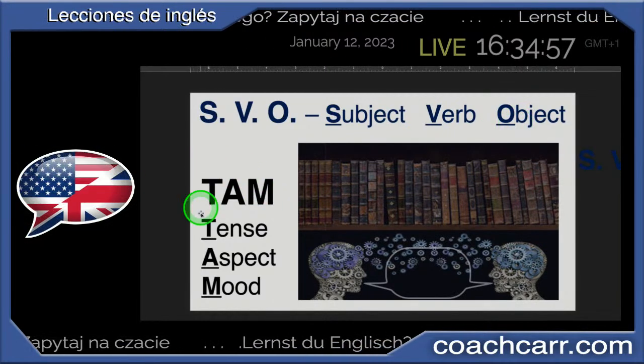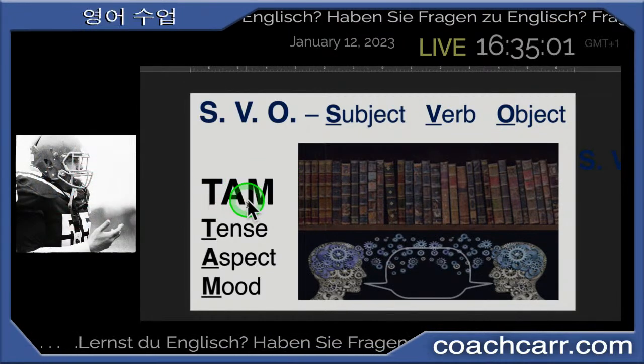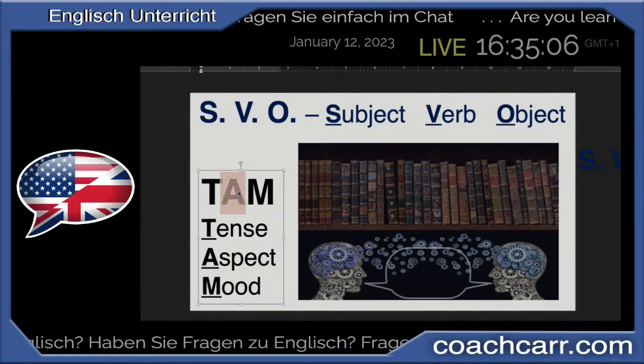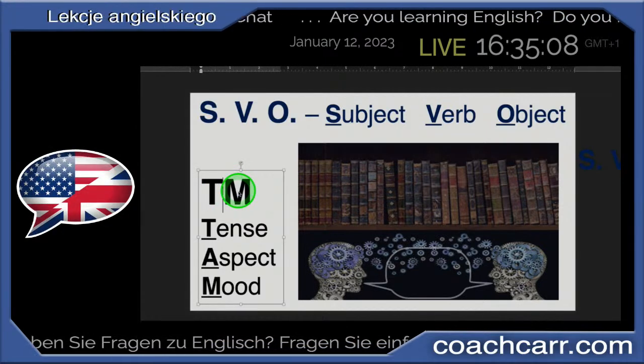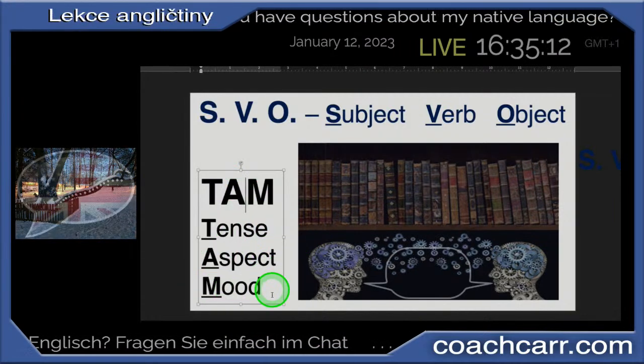And there's also a concept called TAM or TOM, probably TAM. You spell Tom like Thomas, but that with an O. This is TAM: tense, aspect, and mood.